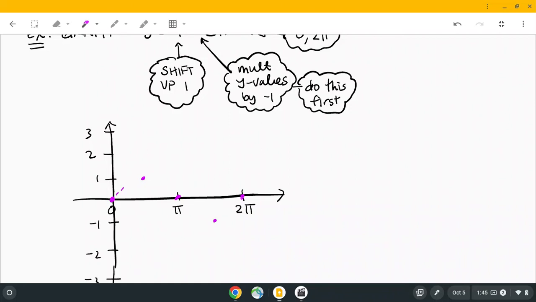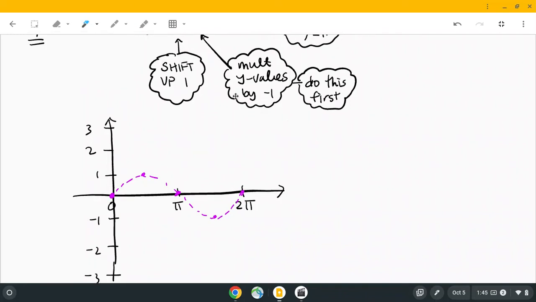This is our original graph of sine. Okay. All right. And then we have to do these two things. And whenever you have to multiply y values, you want to do that first. So we're going to multiply by -1. So I'll do that one in blue. Okay, so I'll do this in blue, multiply the y values by -1.